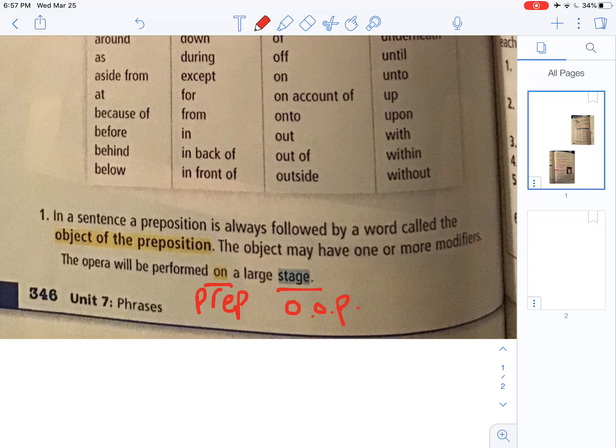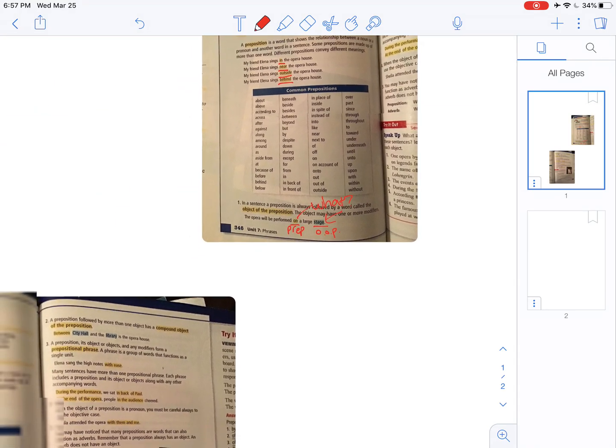This is going to be the noun that follows the preposition. So you can ask yourself this question: the opera will be performed on, on what? Well, it's going to be on the stage. So that's your object of the preposition. So you have your preposition, and then you have your object of the preposition there.